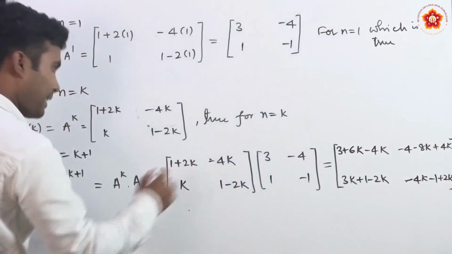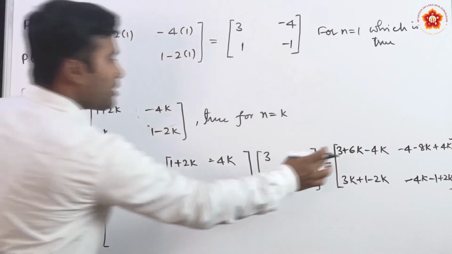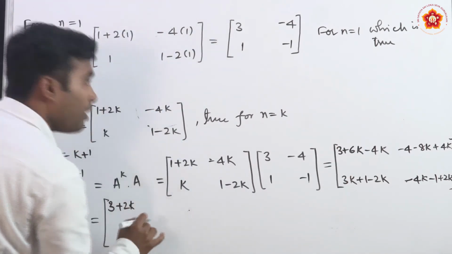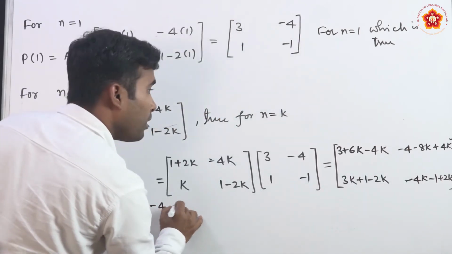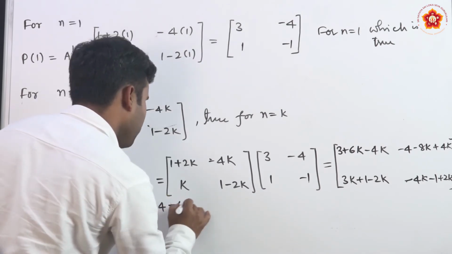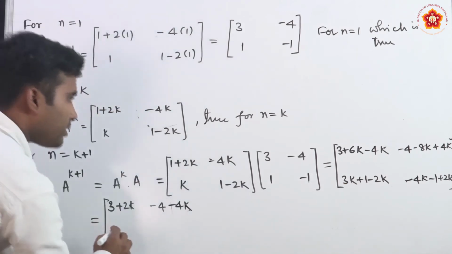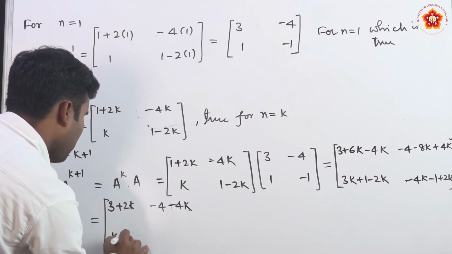So, now that can be written as 3 plus 2k, and that is minus 4k, and here, k plus 1.